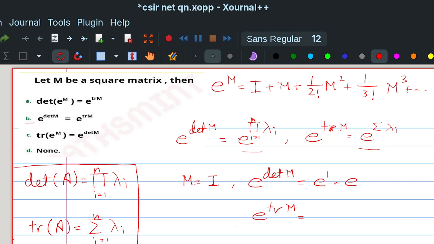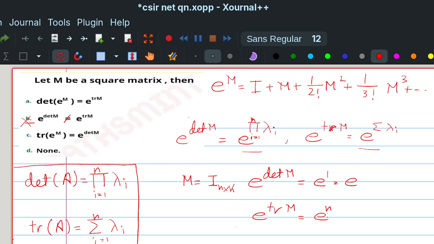If this is an n cross n identity matrix, then trace M is n. So these two are not necessarily equal for n greater than 1, right? So we can say these are not always equal. So we discard this option B.